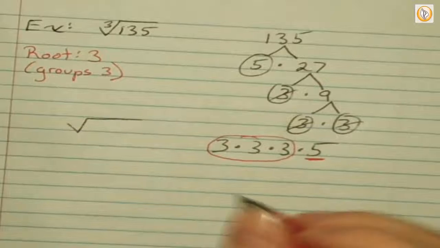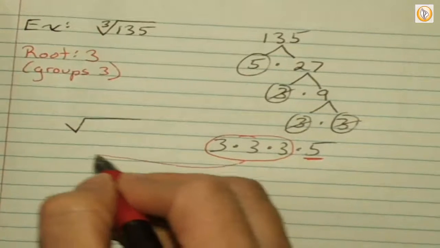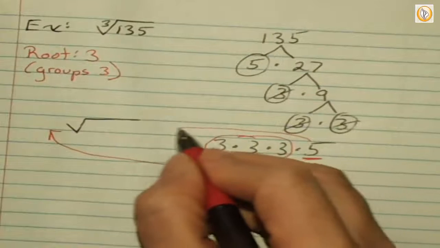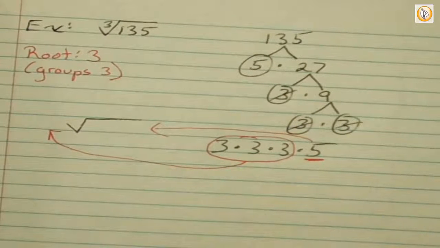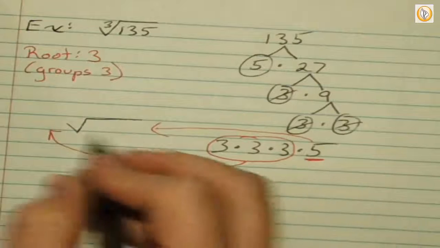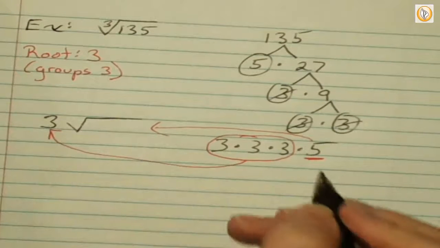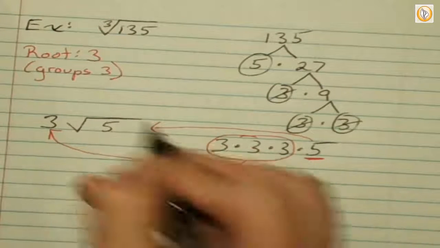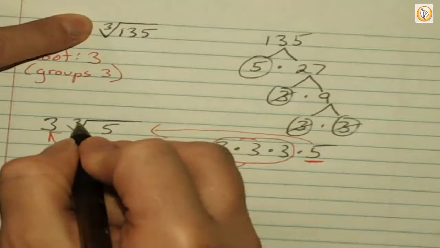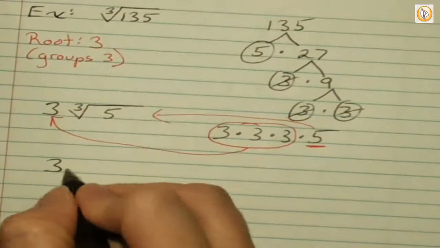So then I need a representative from my group that I circled, and that's on the outside, and then the leftover goes on the inside. So how many 3s do I need, Miranda? 1 goes on the outside, and my leftover goes on the inside. But see this little 3 here, this root? You better put that in your answer or it's wrong.